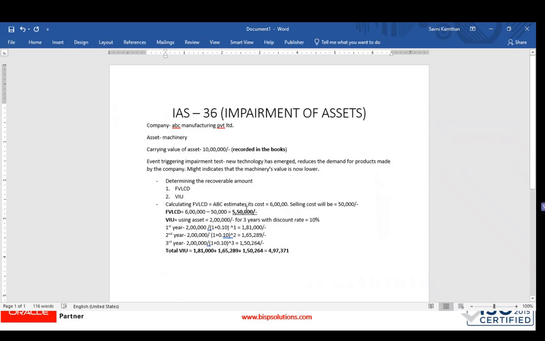So what was the FVLCD? It was 5,50,000. Total VIU, which is value in use, is 4,97,371. So the value is decreased.